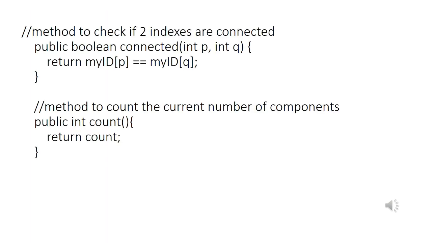After that we should write a method to see whether two indexes are connected. For that we write a method called connected and pass two parameters, in my case P and Q. The method simply checks whether the ID of P is equal to the ID of Q, and returns a boolean value, true or false.